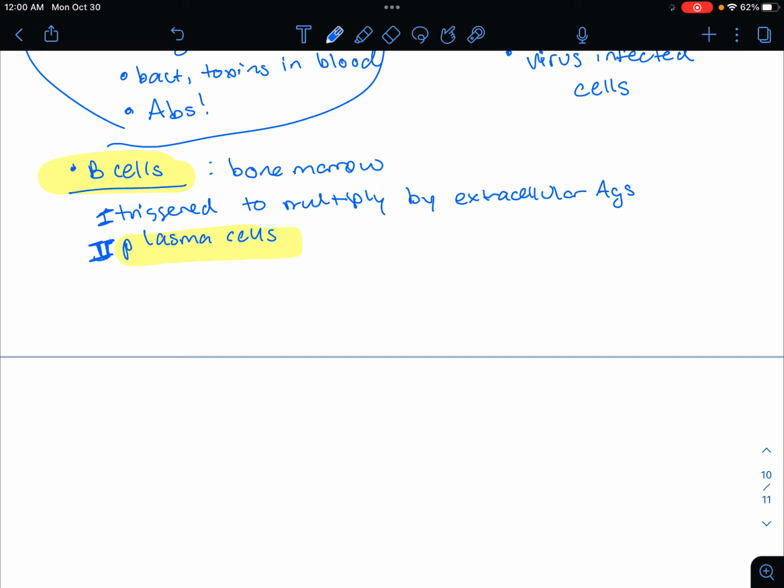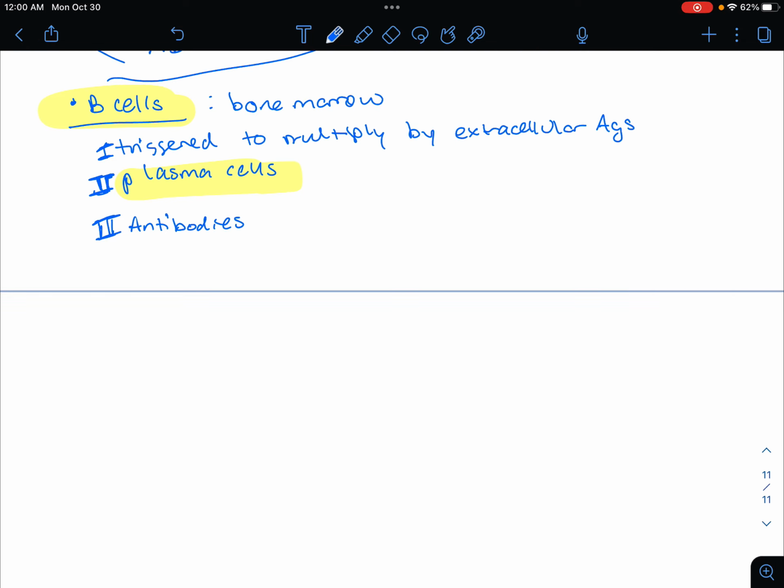And then the plasma cells make antibodies. Only the specific antibodies that are triggered by the antigens that are specific to them. Again, specificity is very big here.